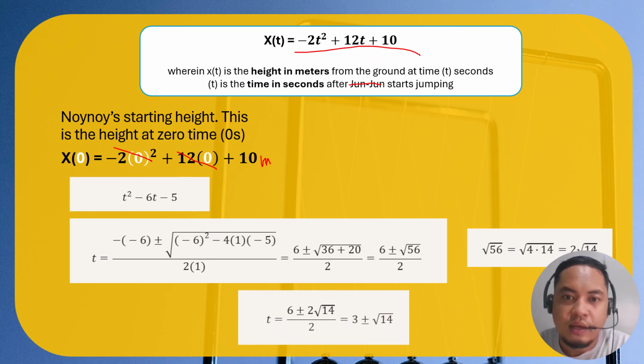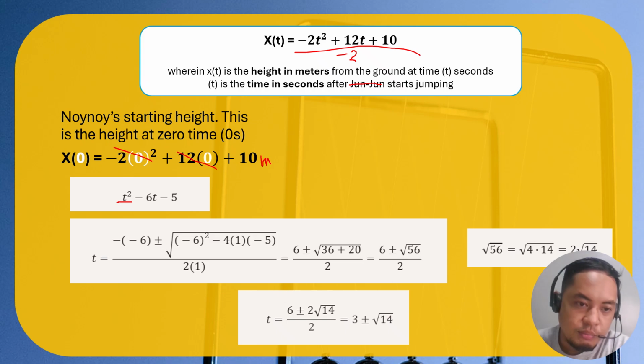So we can use negative 2 in order to simplify our function. Negative 2 divided by negative 2 gives positive 1, so you have t squared in this equation. Then 12 divided by negative 2 gives negative 6. And then positive 10 divided by negative 2 gives negative 5.